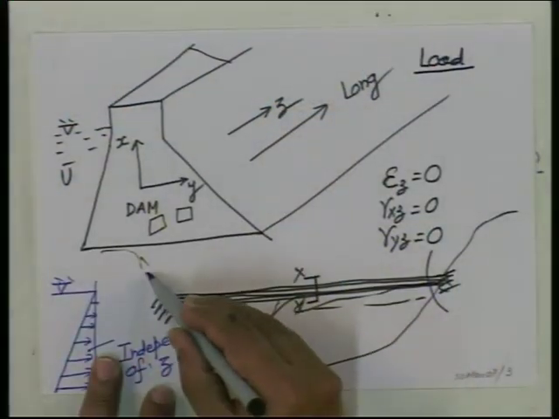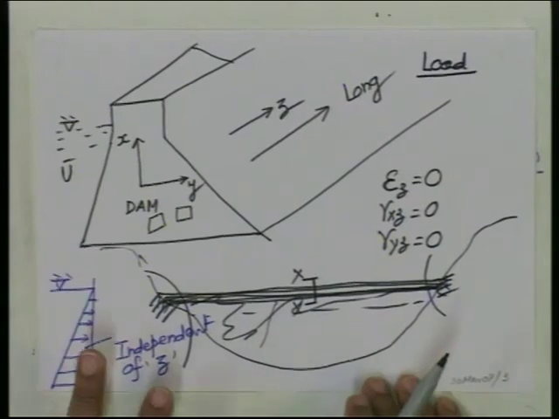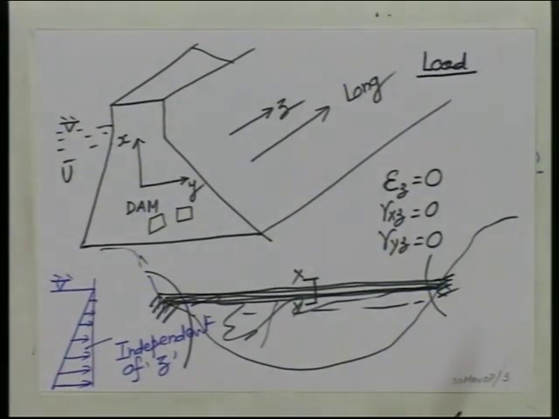In that situation, what happens, barring the ends, means there is a principle called Saint Venant's principle in theory of elasticity. It simply says wherever you apply the load or wherever there is a disturbance, its effect will be felt only in the neighborhood where it is applied.